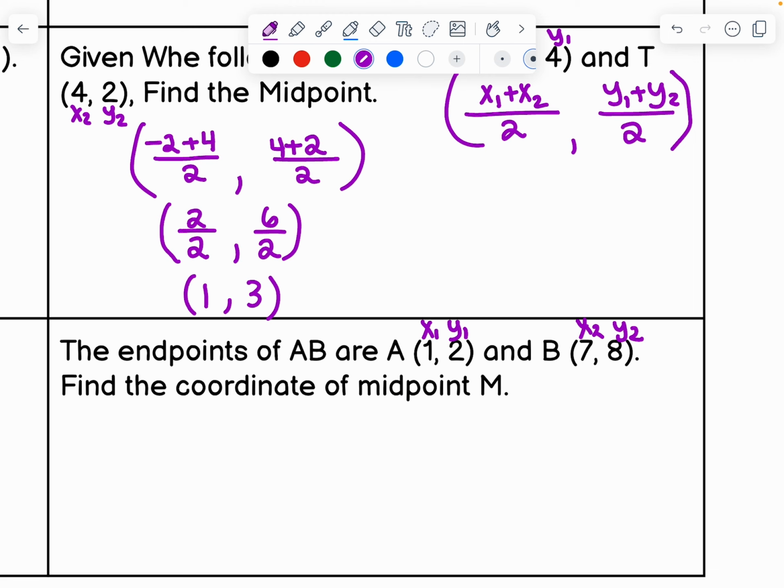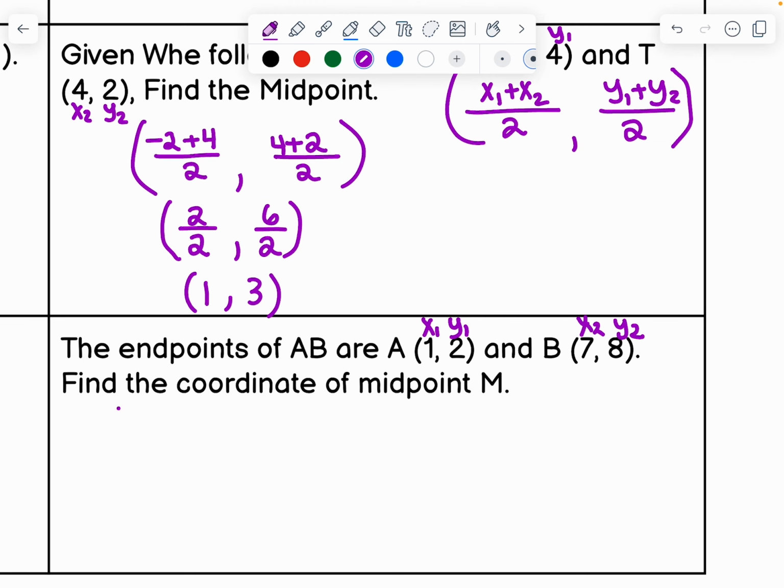So our x1 is 1, our x2 is 7, our y1 is 2, and our y2 is 8.